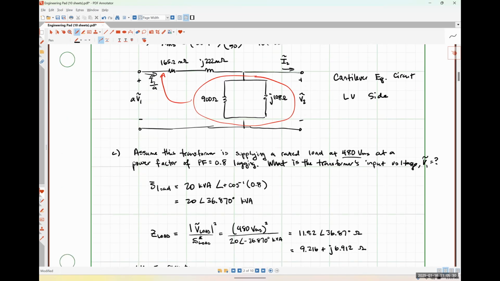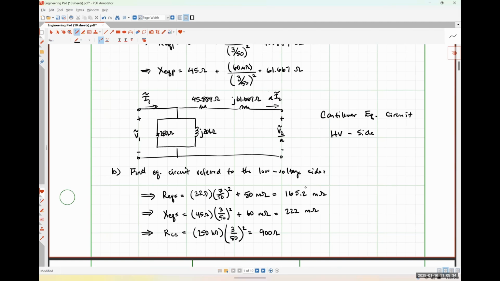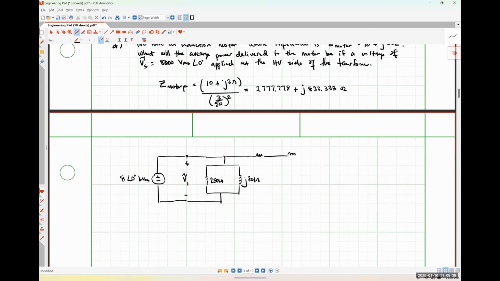And scroll back up here real quick so I can remember what these guys were. 45.889, J 61.667. All right, so this is our circuit.